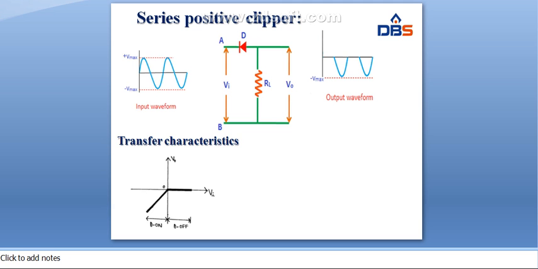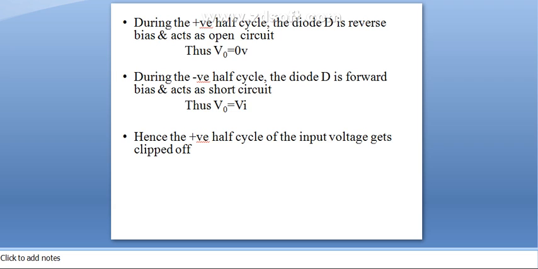So series positive clipper. See here, in the series positive clipper, the diode is connected in reverse biased condition. So here the positive cycle is going to be removed.